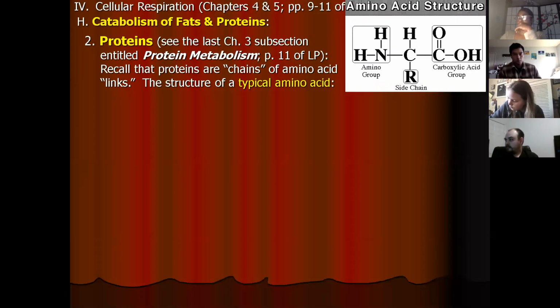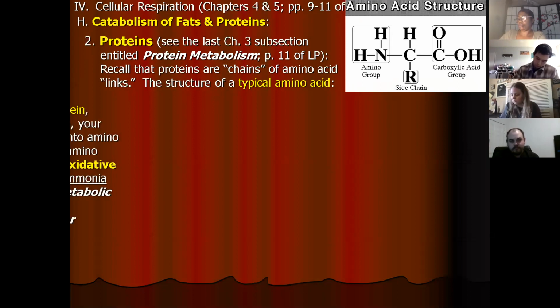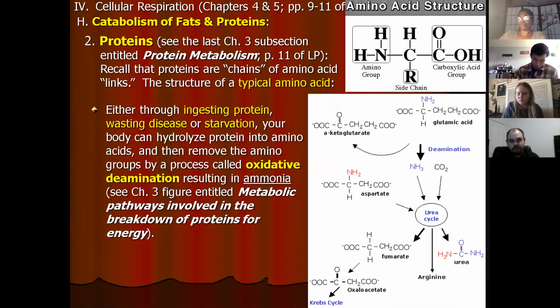All right. With proteins, you do have to recognize the amino acid link as NCC. And if you're going to put this into the framework we just built, you got to take off the nitrogen. That nitrogen is called an amino group, from which we get the term amino acid.